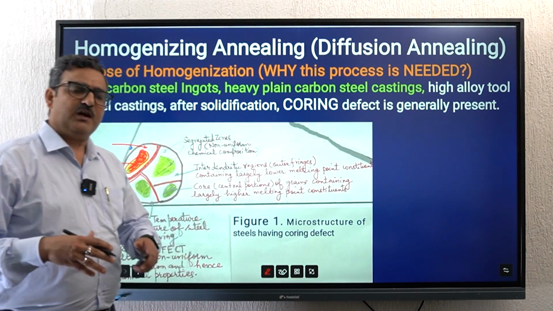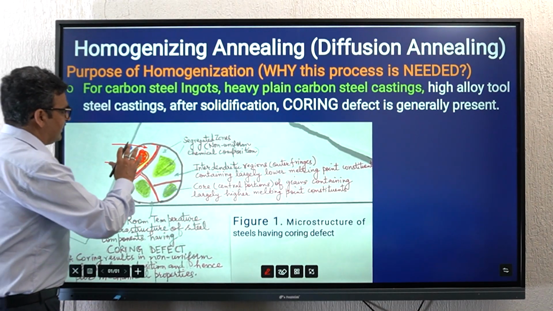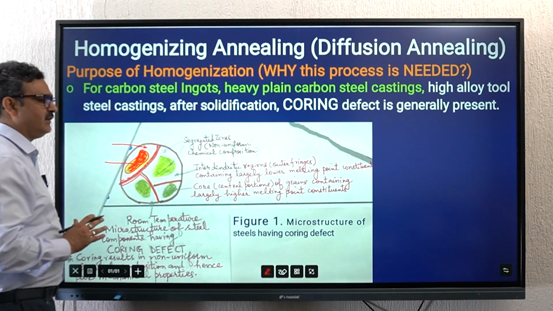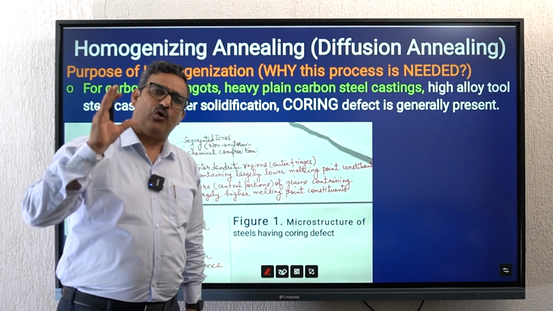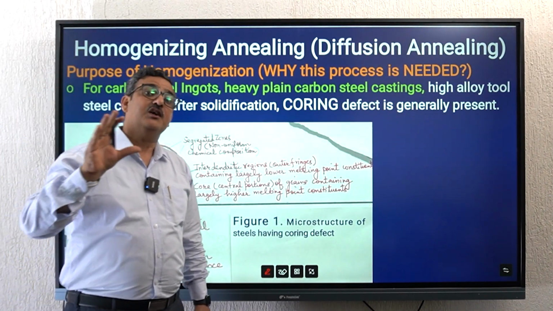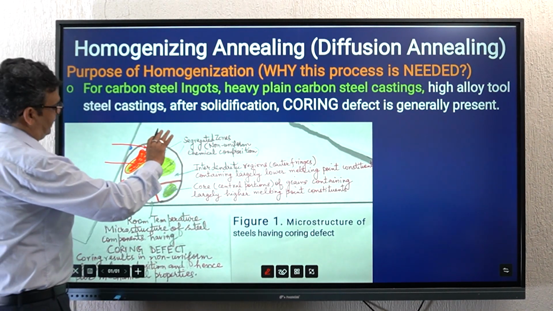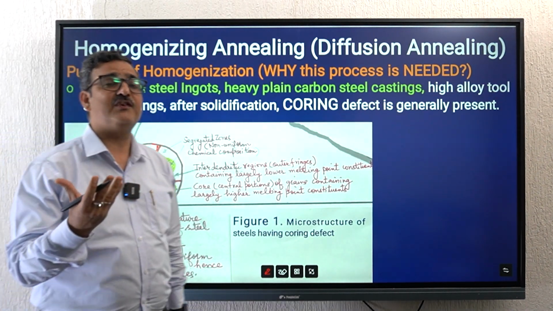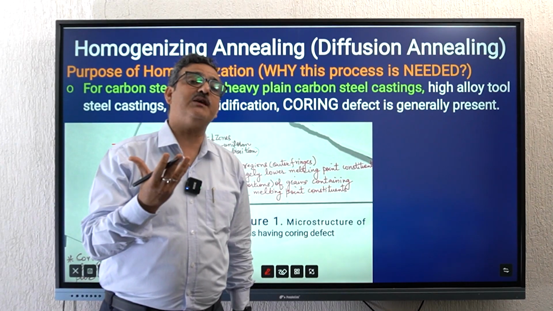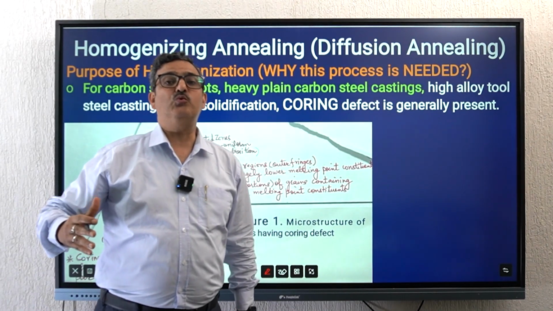So if you had taken any composition of the steel, there are some phases that have got formed in the steel. All phases, all grains should have been of some specific composition, and that should have been uniform throughout. But because of this coring defect, and this coring effect happens because of lack of diffusion, which was not able to complete in the material system because of faster cooling.